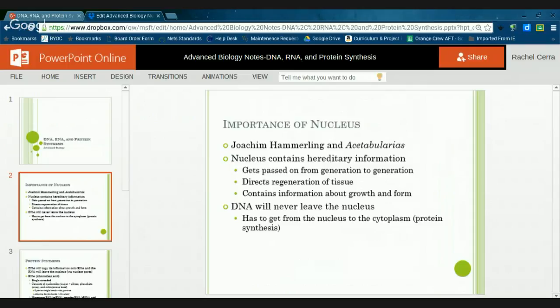One important thing to note is that your DNA never leaves the nucleus. It contains this hereditary information, but it never ever leaves the nucleus. So we've got to have a way to take that information from the DNA, make a copy of it, and get it out into the cytoplasm, where you're going to build proteins for the cell. And that's where protein synthesis comes into play.